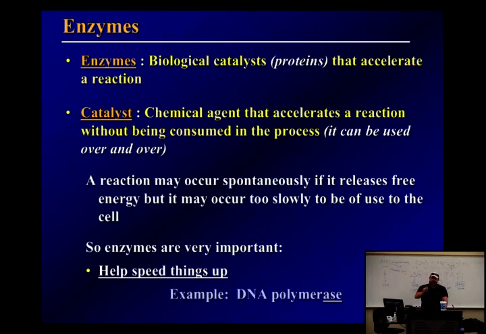So if I ask you on the test, the delta G of a reaction is plus 20 kilocalories per mole, and I add an enzyme to it, what's the new delta G? It's the same.